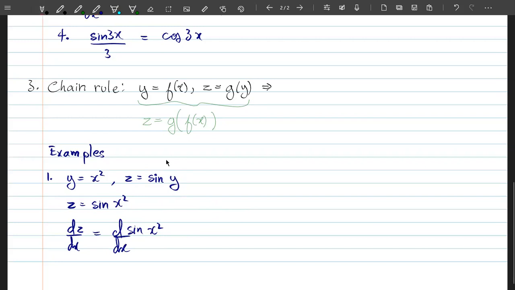The chain rule tells you that yes, there is. So it says, given that z is a composite function of these two, g and f, and that makes it a function of x, d/dx of z, that is dz upon dx, is actually dz upon dy multiplied by dy upon dx.